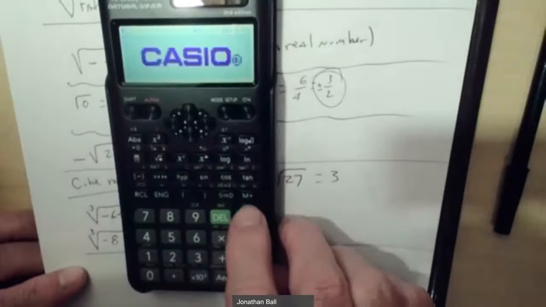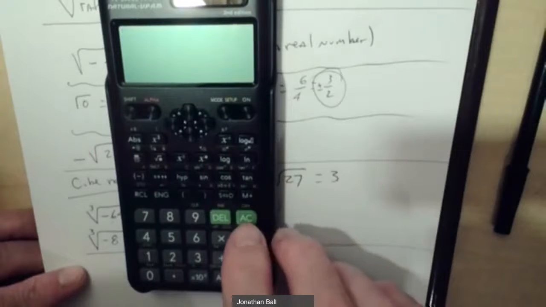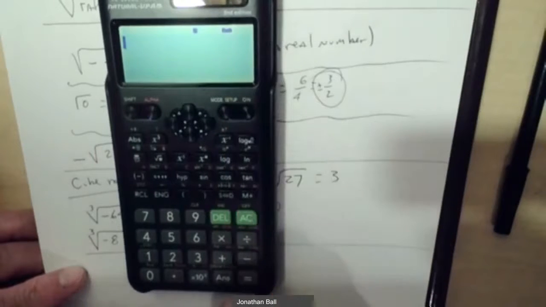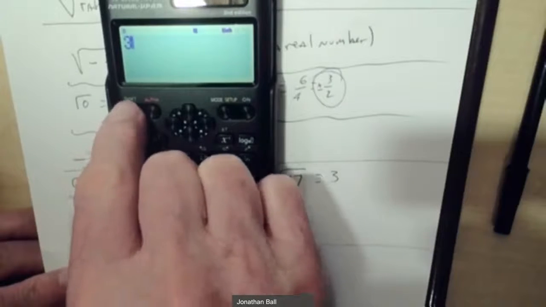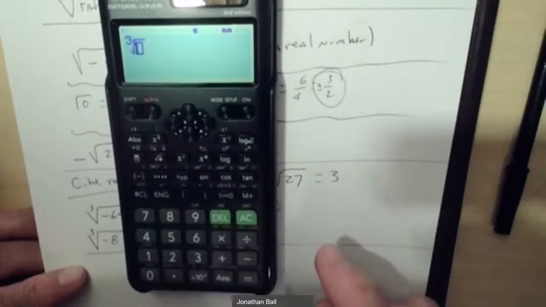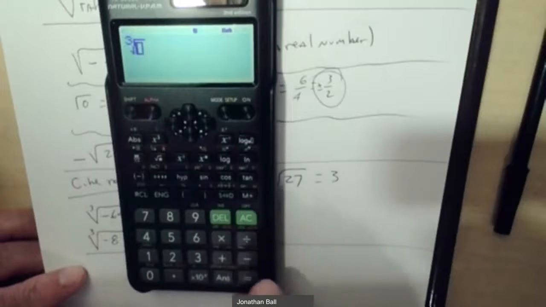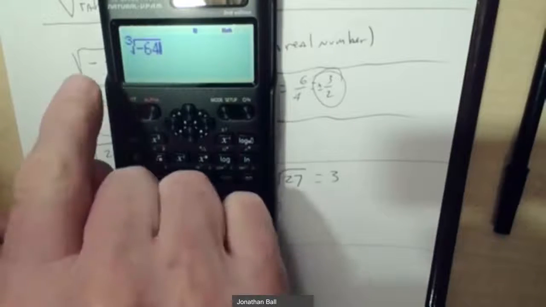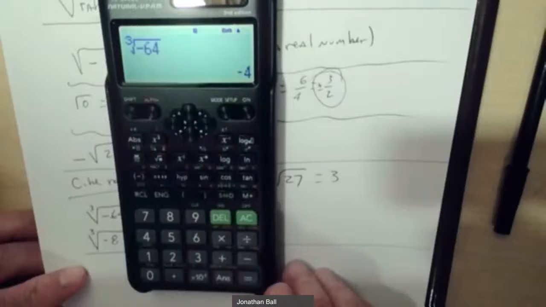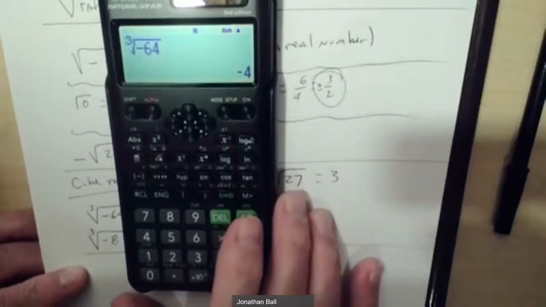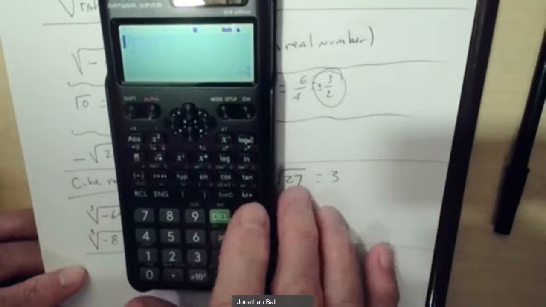We're going to take the cube root of it, so it's 3, cube root of negative 64. Okay, the cube root of negative 64 is negative 4. So we are correct.